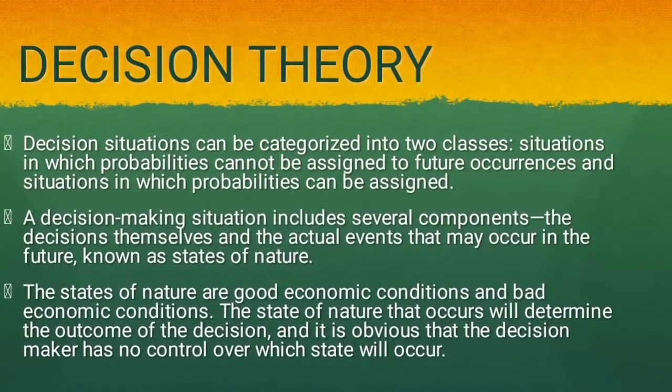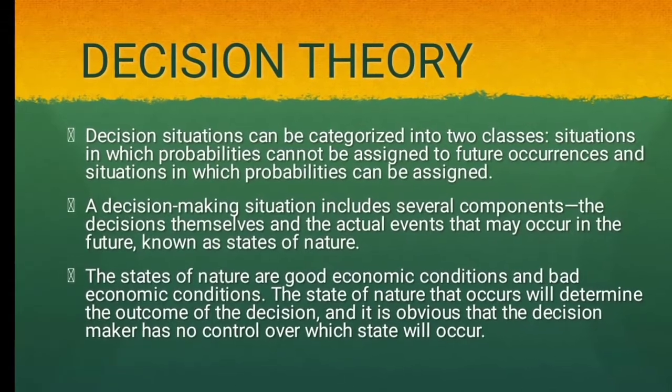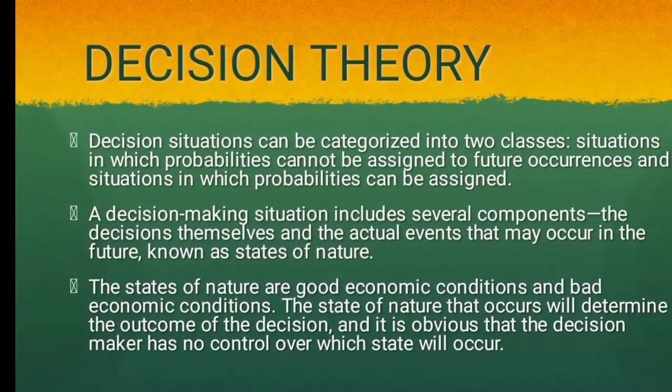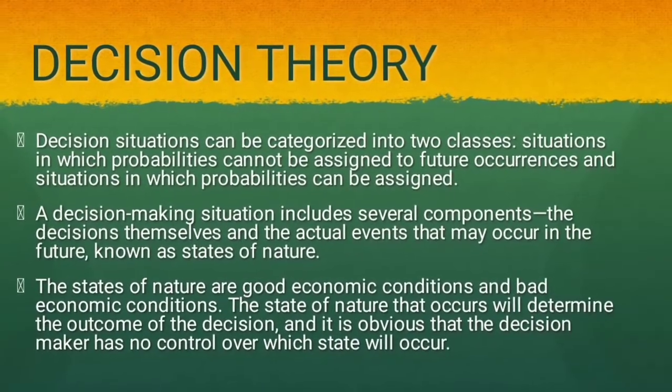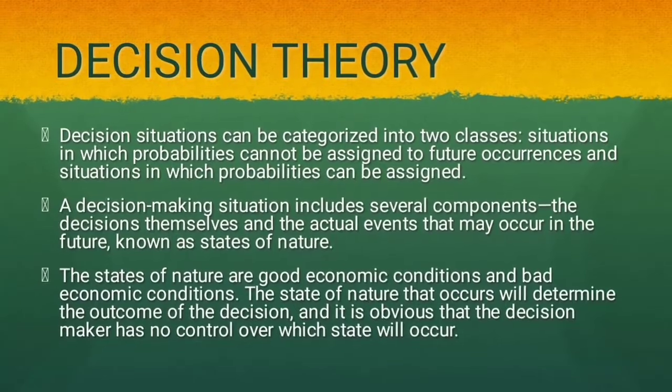So decision situations can be categorized into two classes: situations in which probabilities cannot be assigned to future occurrences, and situations in which probabilities can be assigned.